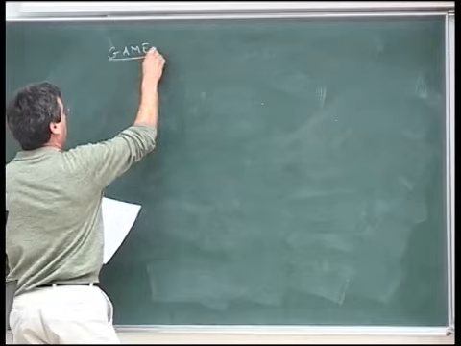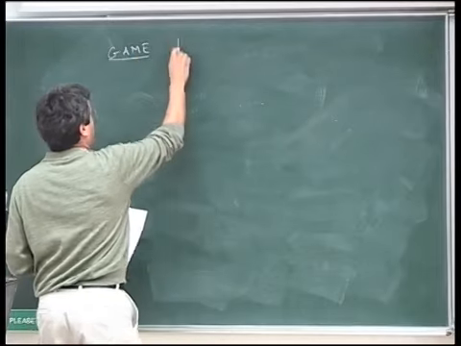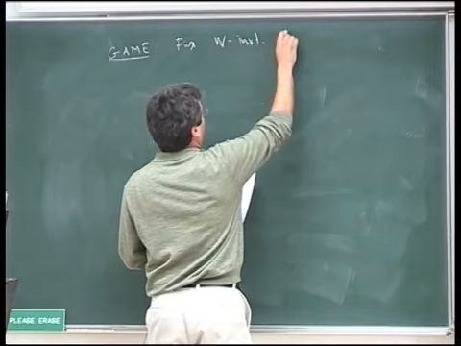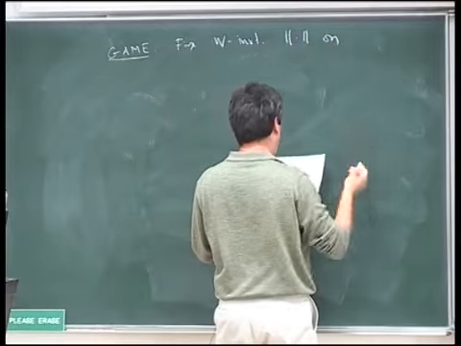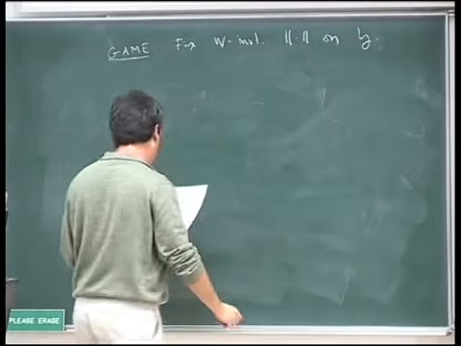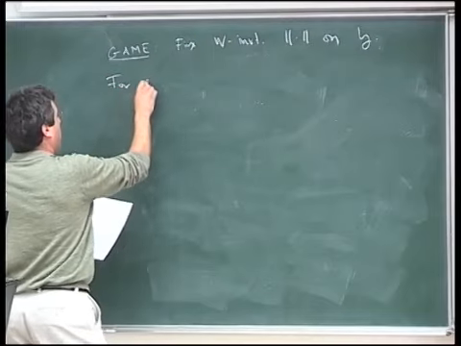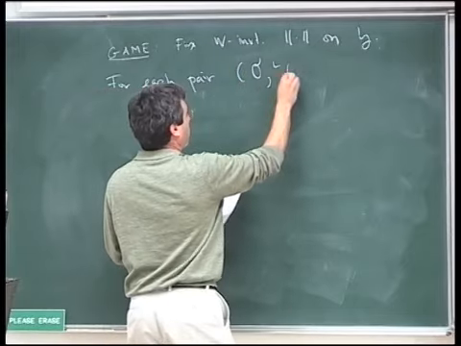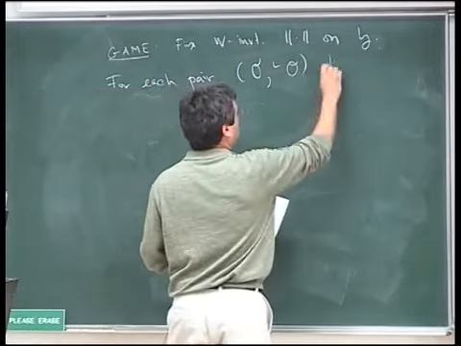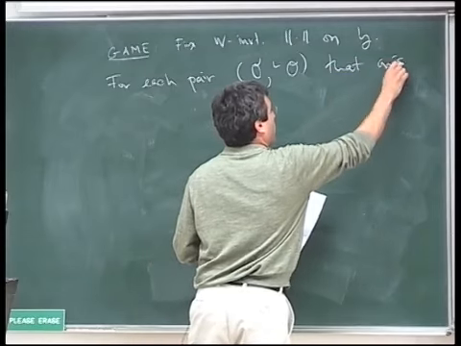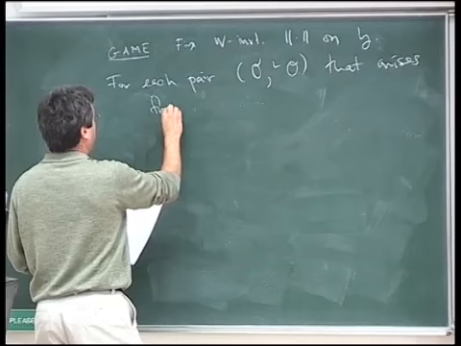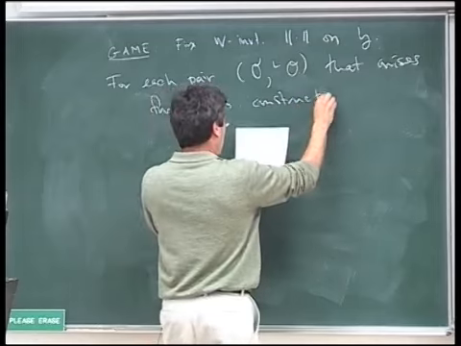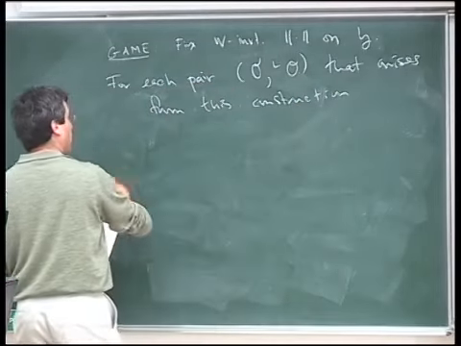I'm not sure. The game is: fix a W-invariant form on the Cartan, for each pair that we see that arises from this construction. We want to look at the following thing.